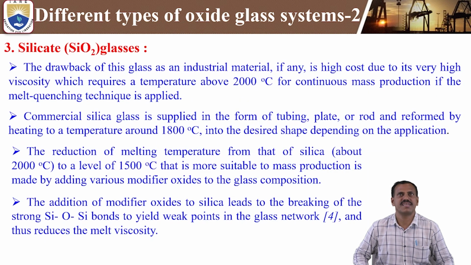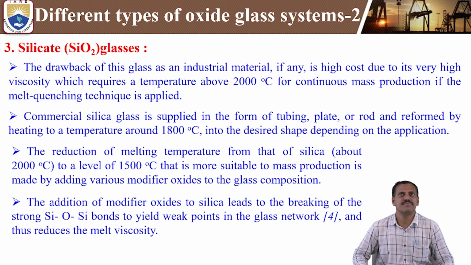Next, coming to the drawback of this glass as an industrial material: it is high cost due to its very high viscosity, which requires a melting temperature above 2000 degrees centigrade for continuous mass production if the melt quenching technique is applied. Melt quenching is one of the important techniques to synthesize glass systems.